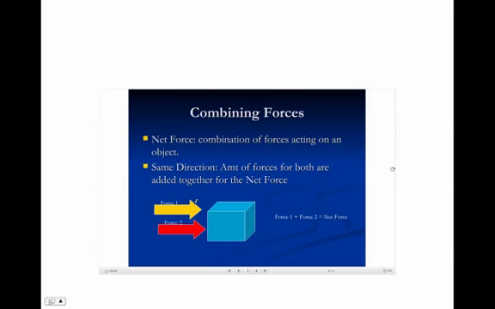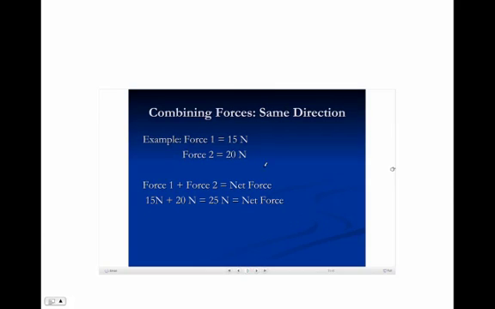Sometimes we can combine forces. So let's say one arrow and another arrow are both pushing on the box in the same direction. If that's the case, then we would add the size of the forces to get what's called a net force. So let's say, for example, force 1 was 15 newtons and force 2 was 20 newtons on the box.